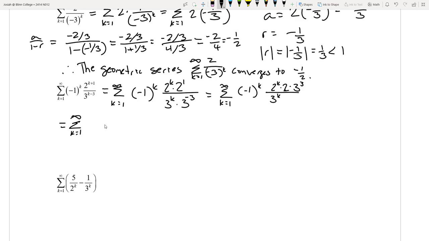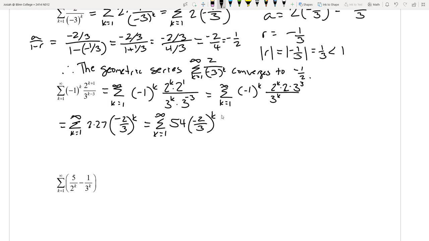This is something we have to write down every line, just like our limits. Make sure that you write this summand down every time. So we've got 2 times 3 to the third is 27. Then we have negative 1 times 2 over 3, all to the k power. So we get k equals 1 to infinity, 54 times negative 2/3 to the k.